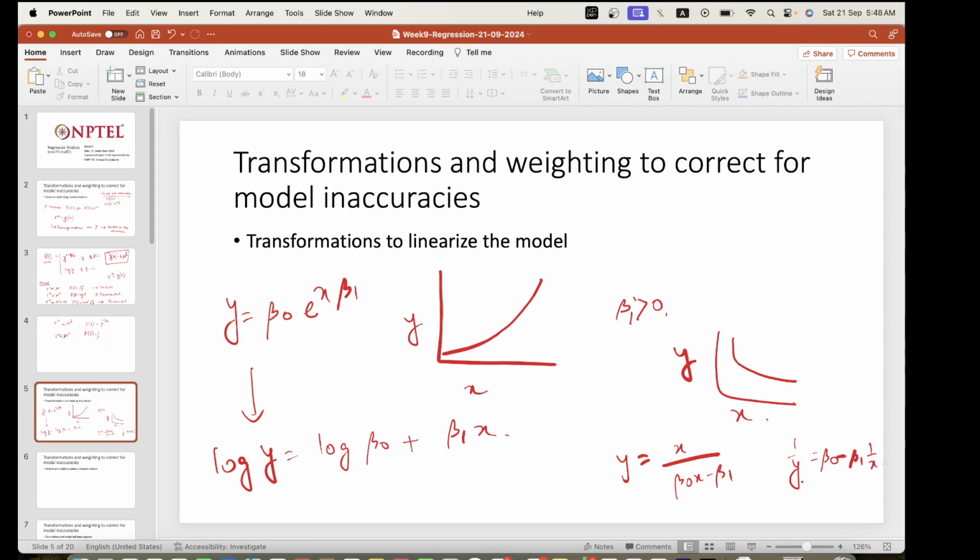So this transformation, regressing 1 by y on 1 by x, would give me a linear fit, and so on and so forth. So we discussed this situation.